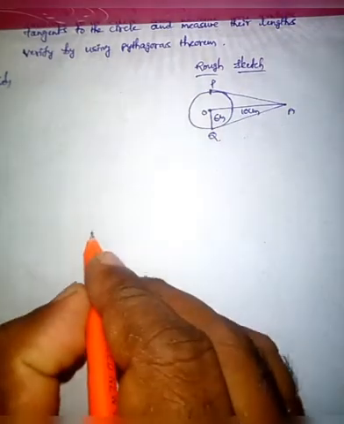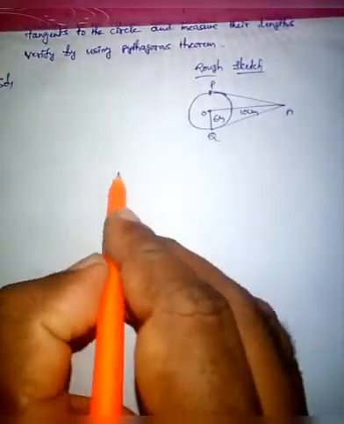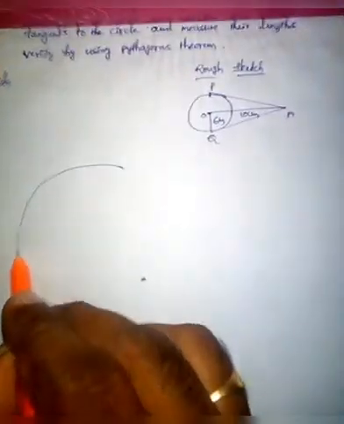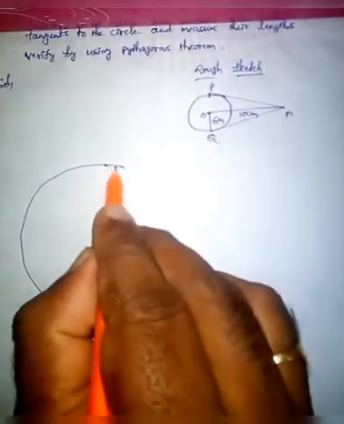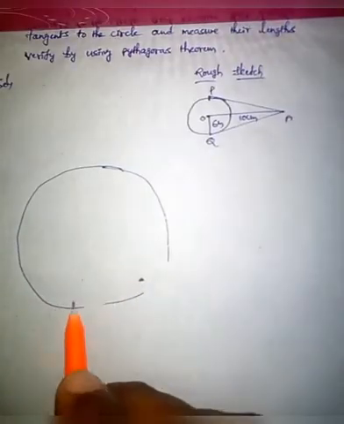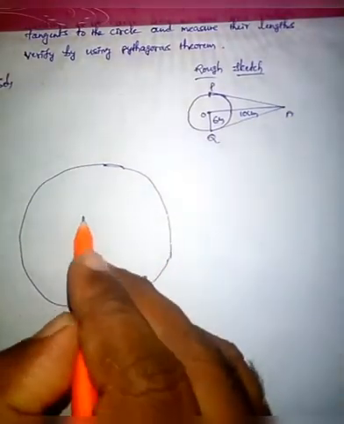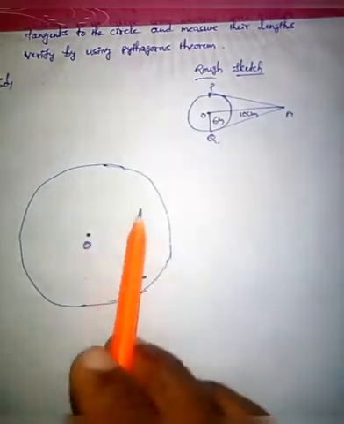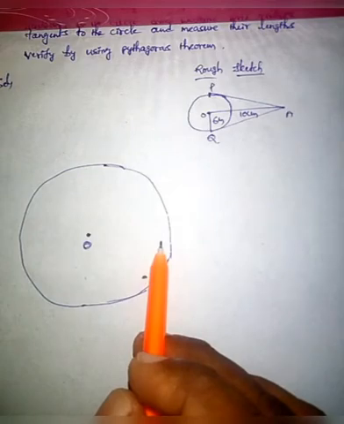By selecting the center, draw a circle with that 6 centimeter radius. First of all you have to draw a circle of radius 6 centimeters and name the center of this circle as O. So what is the radius of this circle? 6 centimeters.